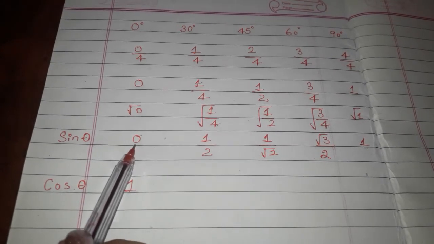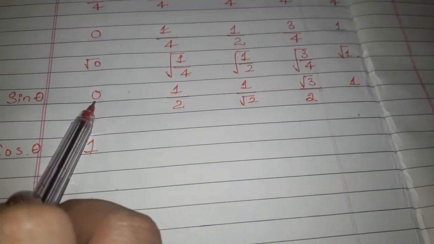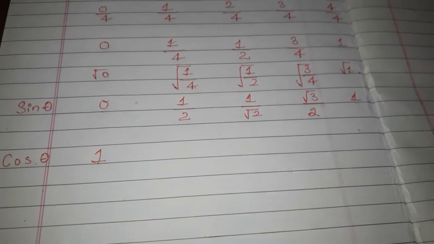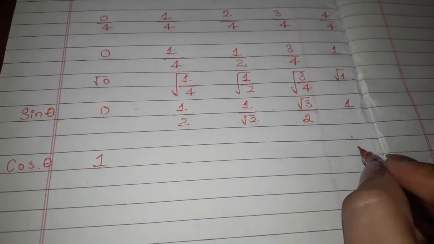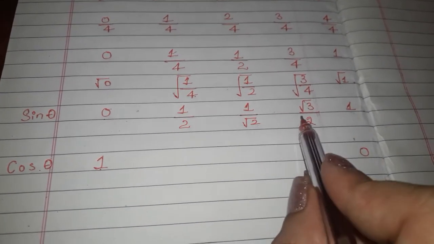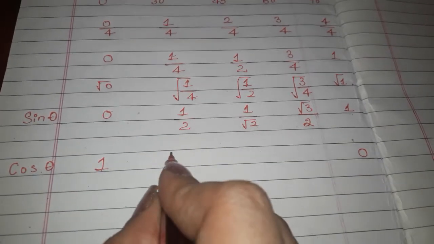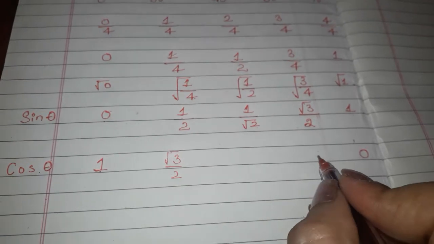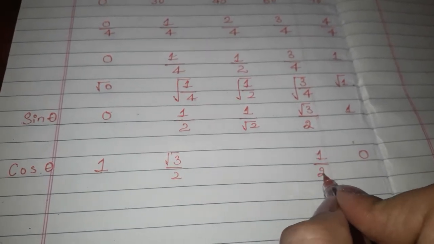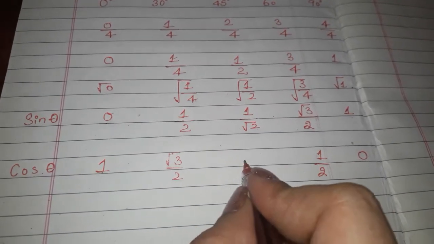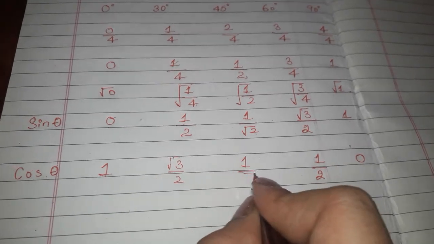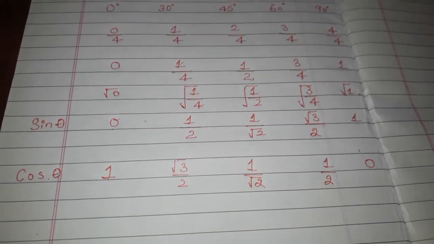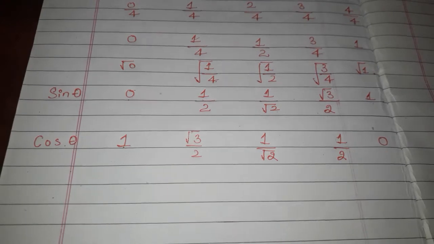Then write the value on the extreme left of sine theta on the extreme right of cos theta, that is 0. Then this second last value, under root 3 by 2, is written here and this value is written here.